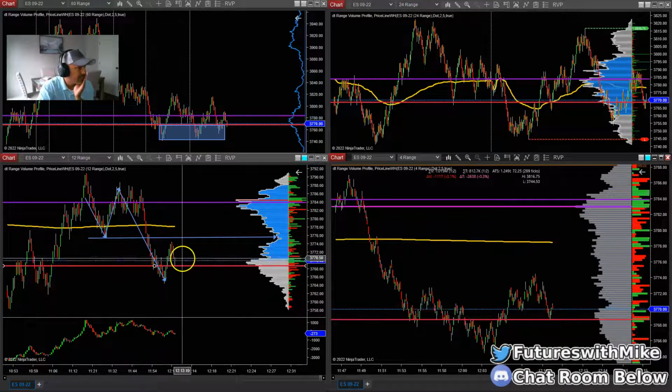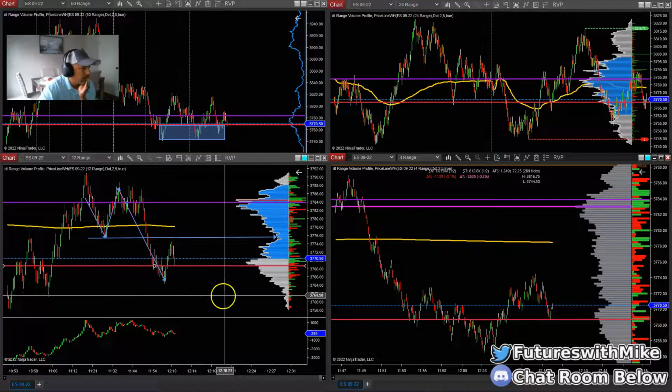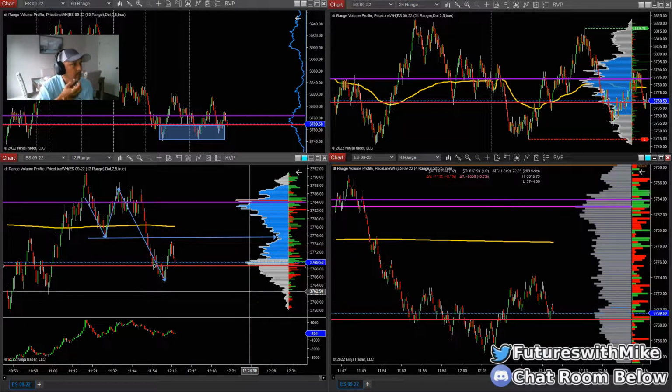Watch. By the time it closes green here, you'll be back up here to the tops. If it does. It's moving so slow.